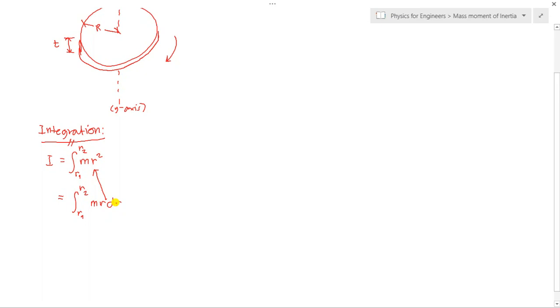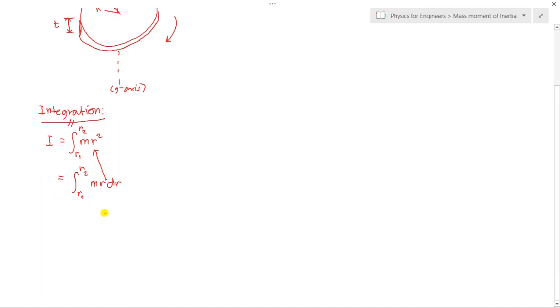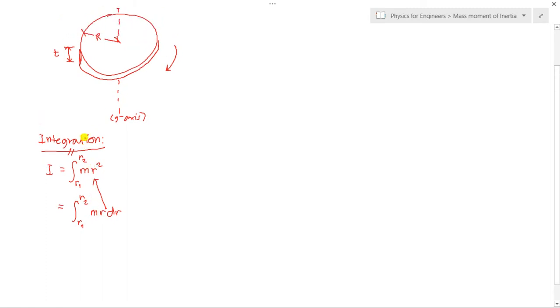Okay, so let's apply this to the given object, this disk. Let's find first the mass of this disk. As you remember, we have density equals mass over volume.